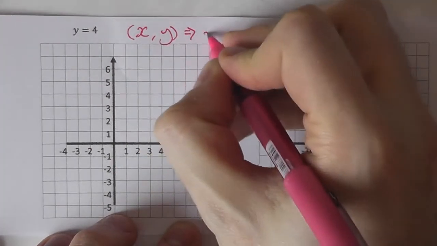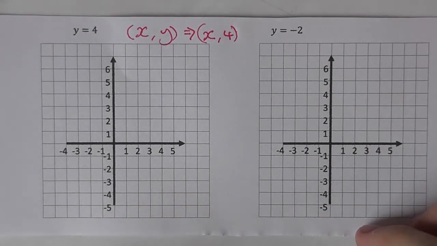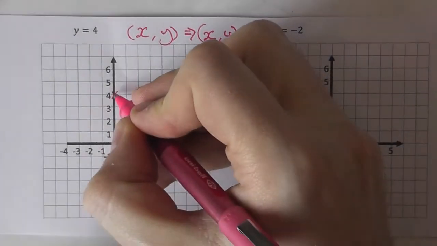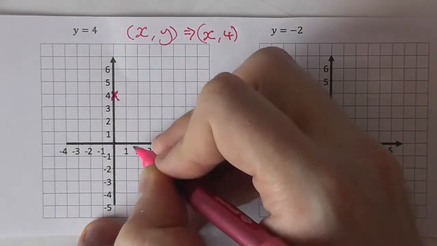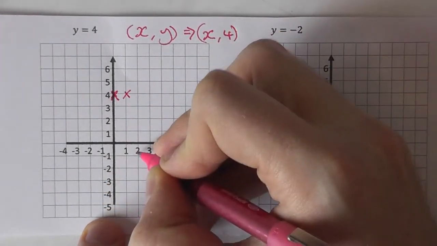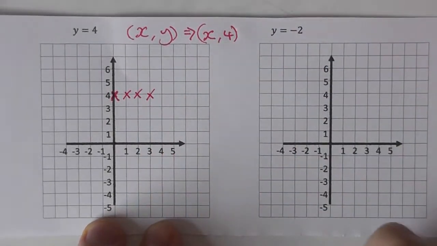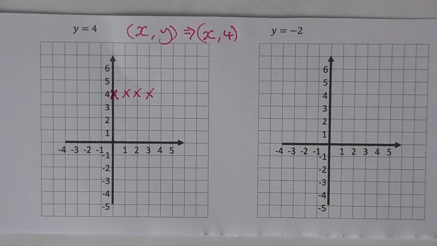That means we are plotting all of the coordinates where the y number is 4 for any input value at all. When the input x is 0, the output y is 4. When x is 1, y is 4. When x is 2, y is 4. When x is 3, y is 4, and so on for any value of x.